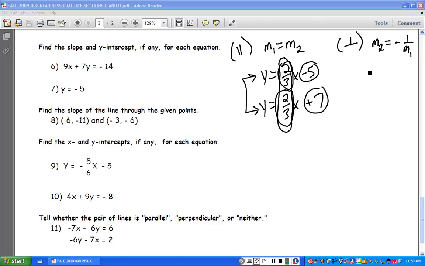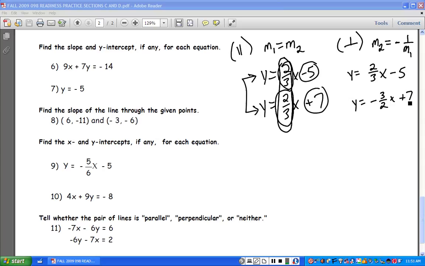So let's take our y equals 2/3 x minus 5, our equation 1 again. Now for equation 2, I'm going to say negative 3/2 x plus 7.